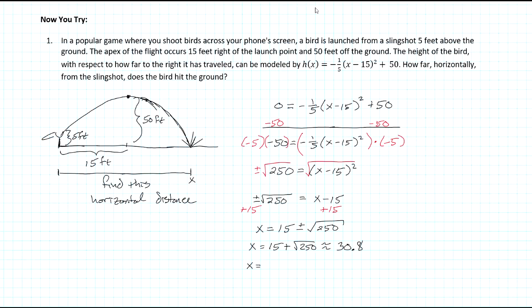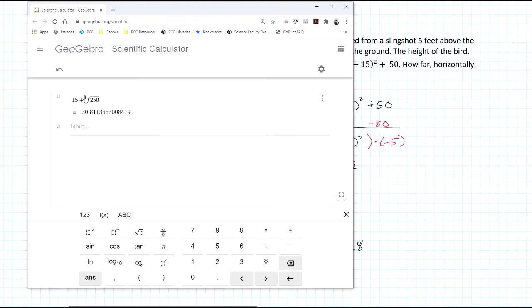The other x value is going to be 15 minus the square root of 250, and that will be approximately, change that plus to a minus, and we get negative 0.8.